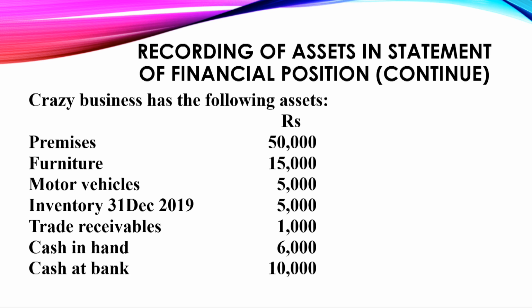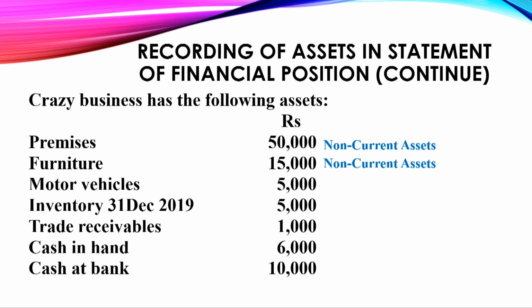Now let's identify which of these items are non-current assets and which are current assets. Premises, is it a non-current asset or current assets? Right, it's a non-current asset. Furniture, again, it's a non-current asset.